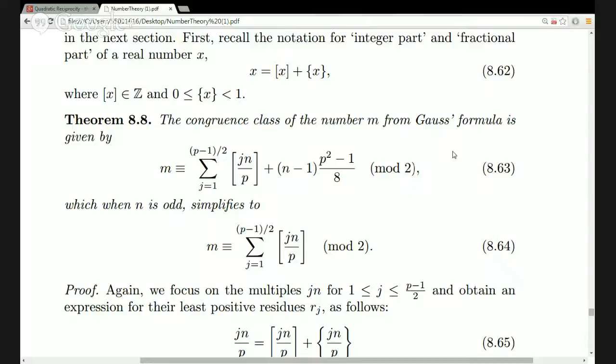So j times n over p, I rubbed off my line now. These are the points on this line of slope n over p. Now the floor of j times n over p, well, that relates to counting the integer points less than one of these points. Because these points on these lines won't necessarily be at integer heights.